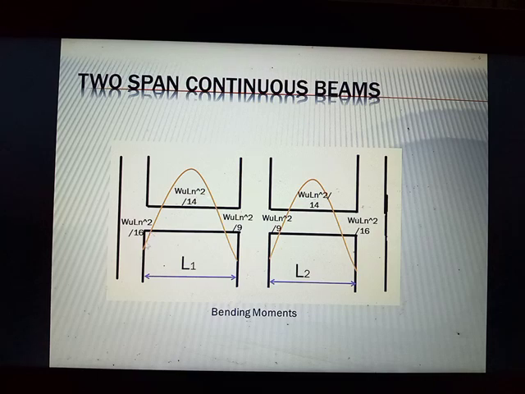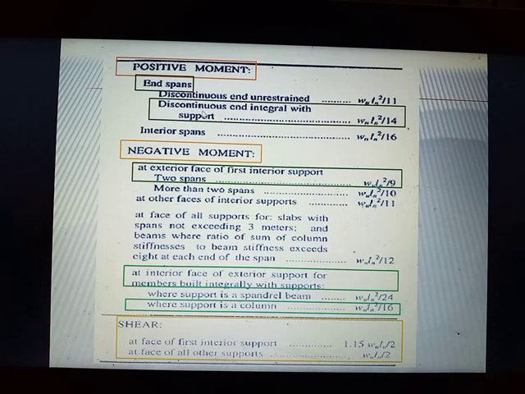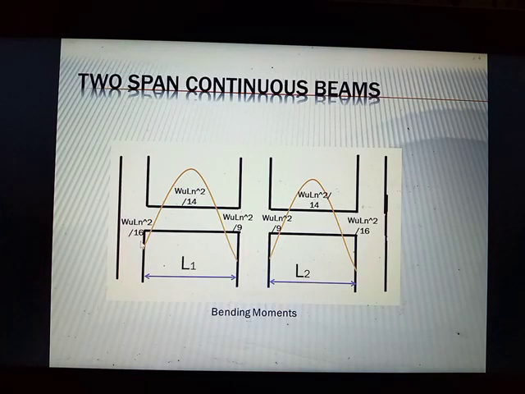So at this side, this is the interior face of the exterior support, speaking of the end span. Speaking of the interior face of the exterior support, we have Wu Ln squared over 16 on both sides.